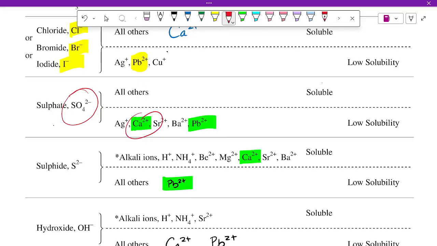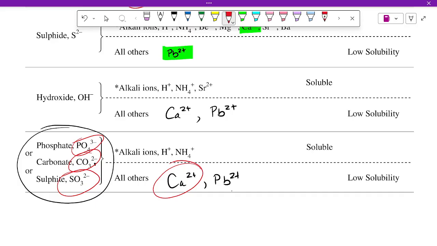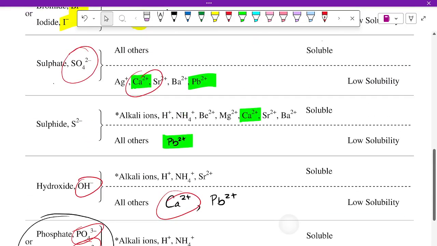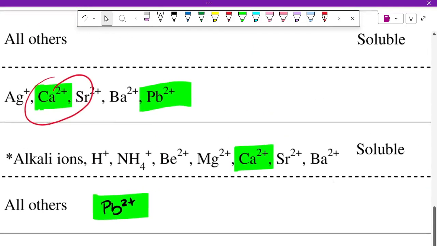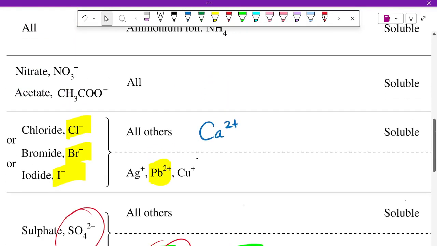Phosphate, carbonate. We could use phosphate because calcium is in the all others category. We could use carbonate, we could use sulfite. Could we use hydroxide? Yeah, because calcium is in that column. It's in the low solubility. So we could use any of those. Could we use sulfide? No. Could we use chloride?